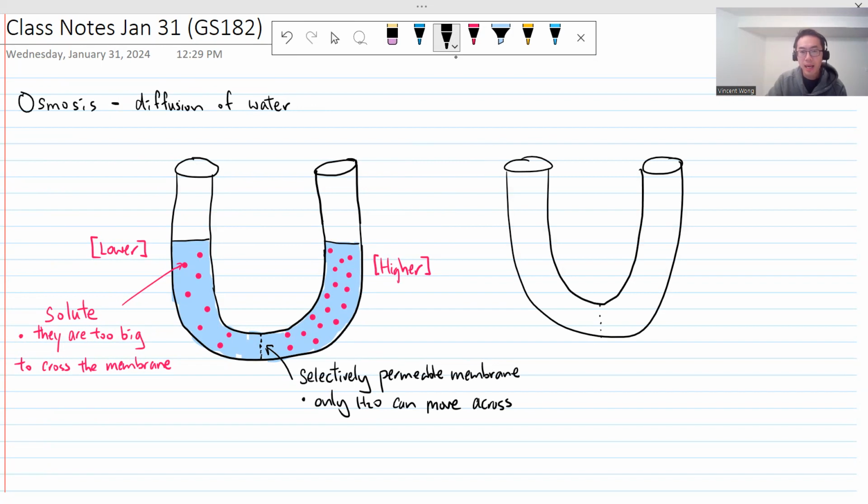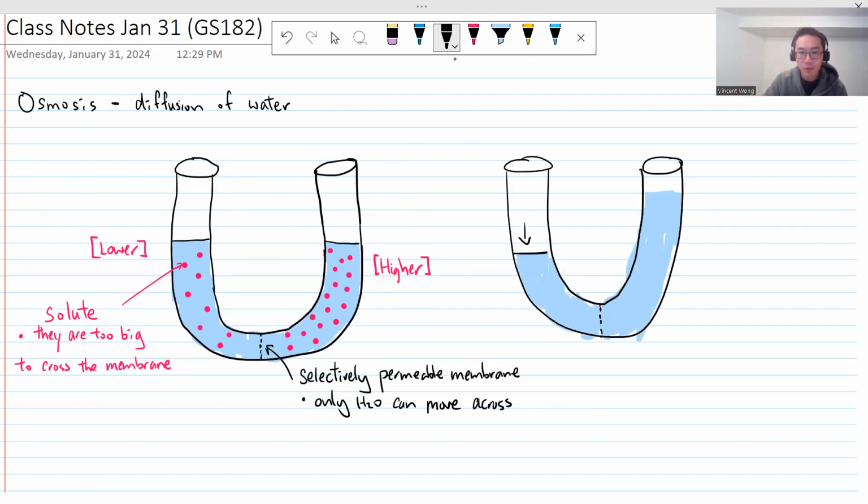right? And this whole concept is about balancing things out. So if it's more concentrated on the right side and less concentrated on the left side, the water will actually move to the right. By moving to the right, the water will dilute the solution on the right. And at the same time, you will be concentrating the solution on the left.